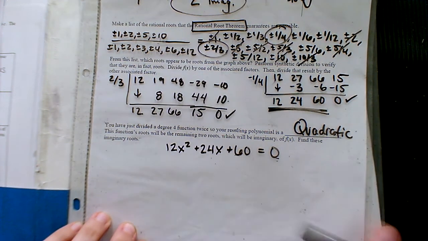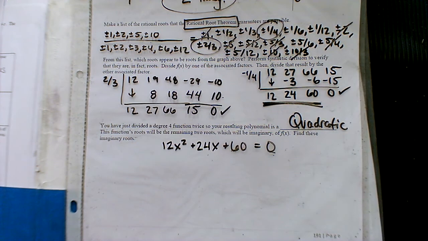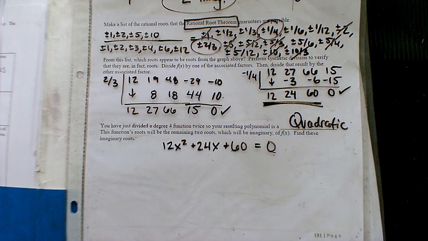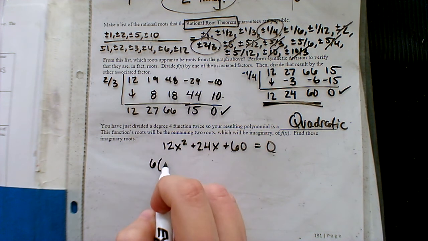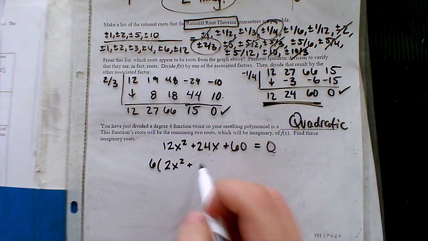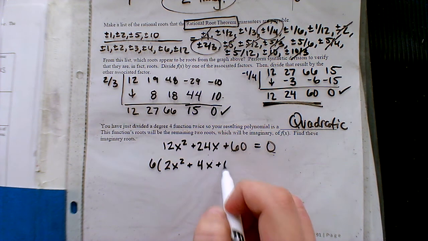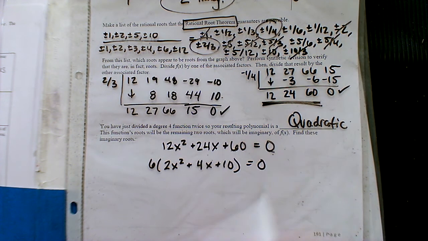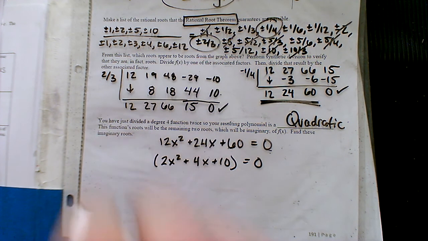So what do you want to try? Okay, GCF, we'll take out a 6. So 2x squared plus 4x plus 10. We could probably take 12 out.